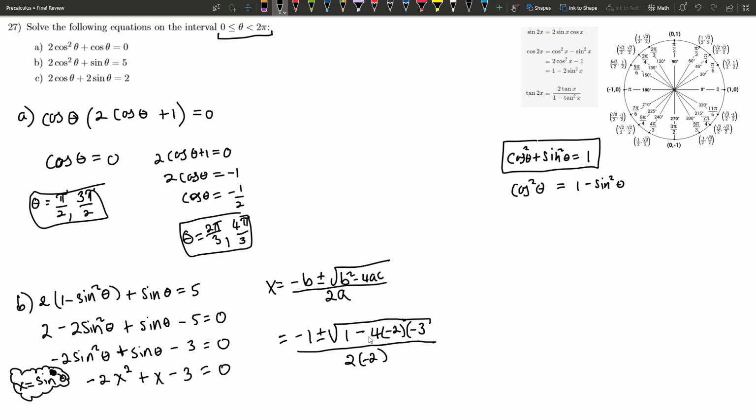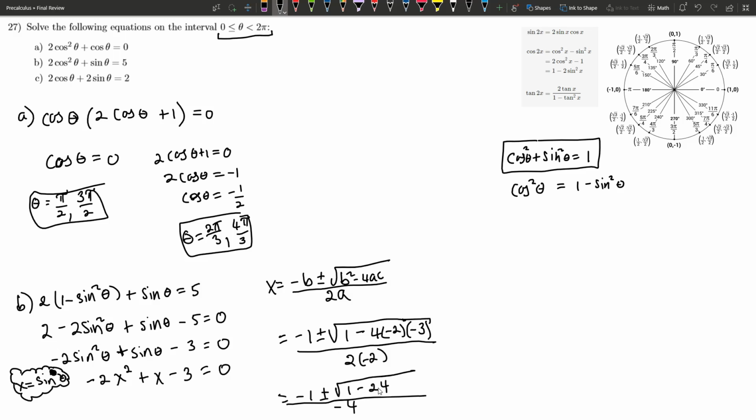Now I'm seeing something here. Negative 1 plus or minus, let's just put this all over negative 4. Now 4 times negative 2 is negative 8. Negative 8 times negative 3 is positive 24. So I'm actually getting the square root of 1 minus 24, and that's a problem because in this entire course we're dealing only with real numbers, and in the real number space we cannot take the square root of a negative, and that's what's going to happen right here.